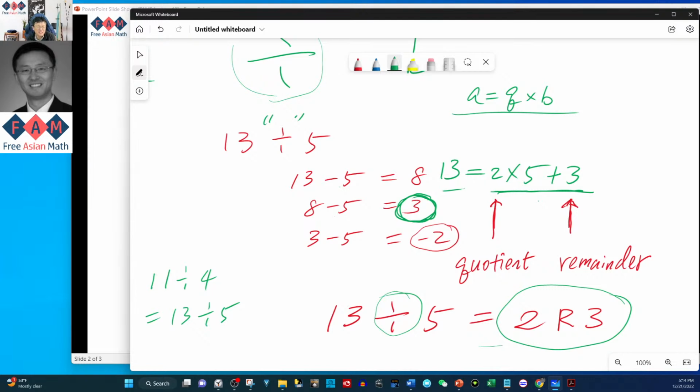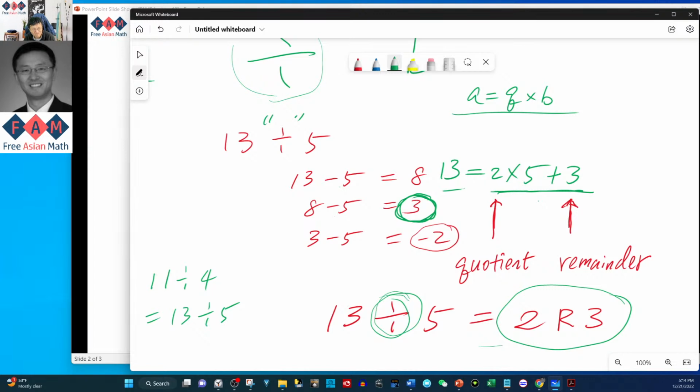Now we see that 13 is not a multiple of 5. So we should not use this notation or this expression in the first place. So how do we actually represent this idea, division with remainder, in the first place? How can we actually express this operation?